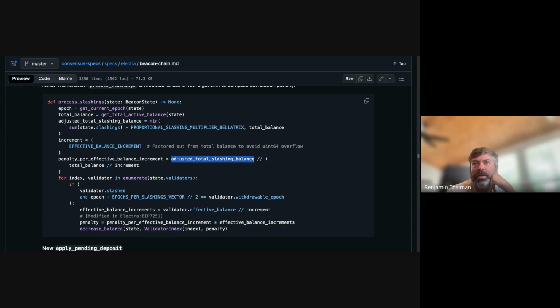This is a number in Gwei, and then you divide through by the total balance in ETH. Now, I know it's a little confusing. Just looking at that in isolation, you're mixing units here. This is in Gwei, and this is basically ETH. But you should recognize that you're taking the total balance of validators that have been slashed, and you're dividing through by total balance.